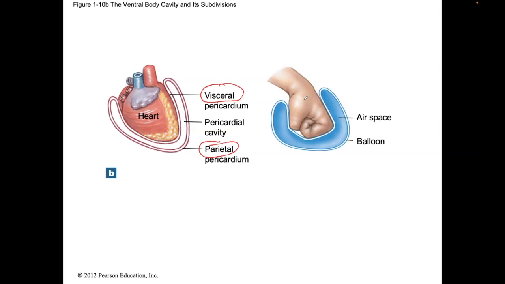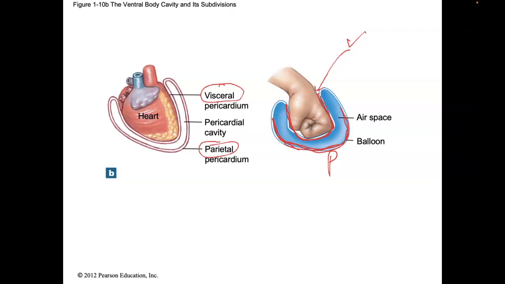So if we take a fist and we push it into a balloon, we have one layer that makes contact with the fist. The layer that makes contact with the fist, that layer is the visceral layer. The other side of the balloon is this layer here, and that's going to also sit against the body cavity, the wall. That's going to be the parietal layer.